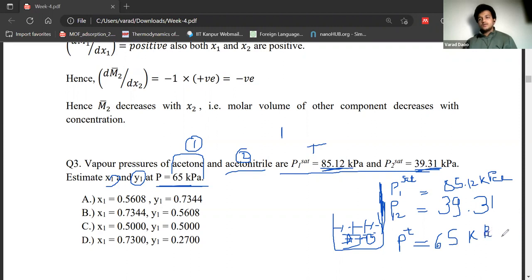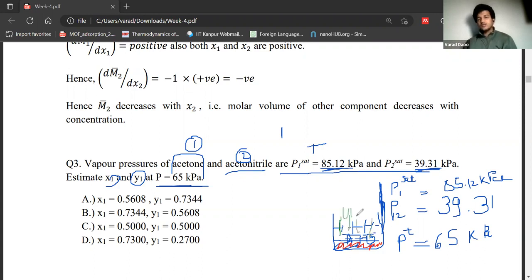And what are we asked to find? This is a two-phase system, right? This is the liquid part, and this is the vapor part.